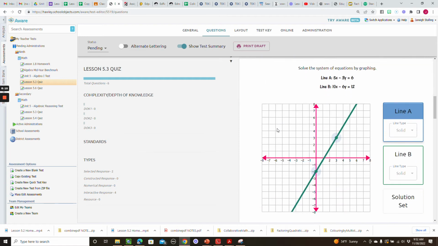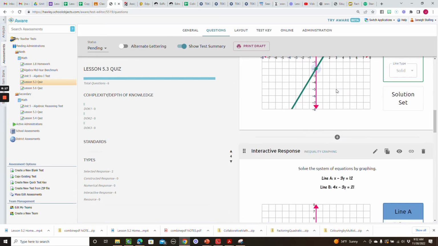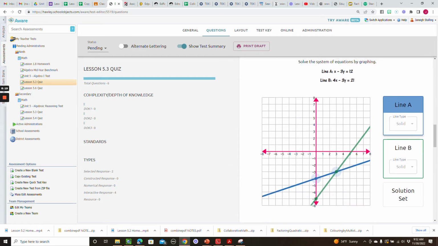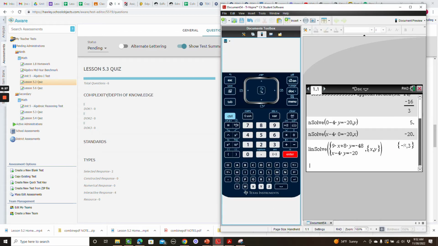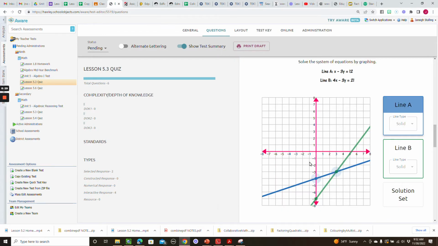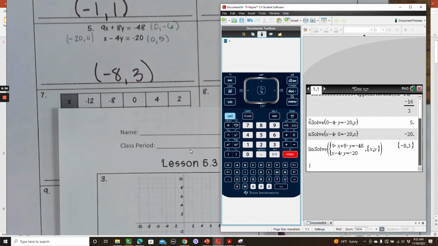There we go. It's going to give you 2 lines, and you have to graph them. So the solution, if you do the menu 3, 2, this point will be located on the graph. That will be 1 point for each line. Okay? We're going to do another one like this, so don't panic yet.